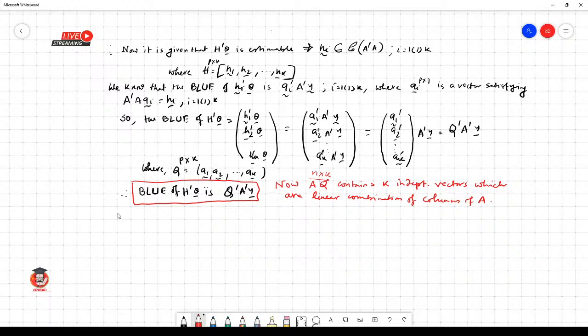Now, the rank of A is equal to r, and this r is greater than k.